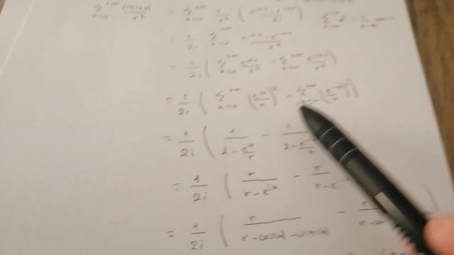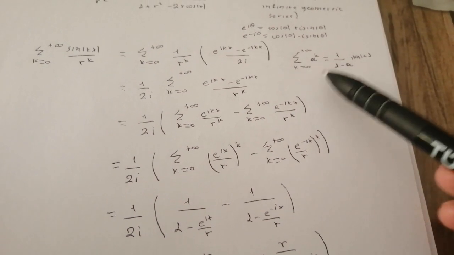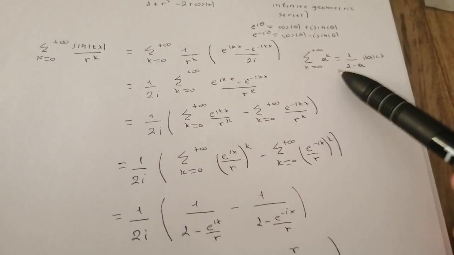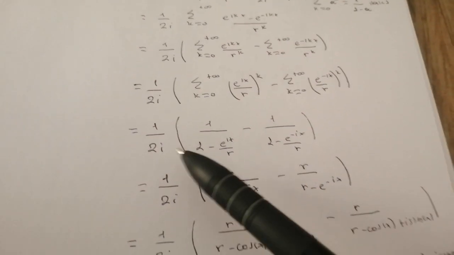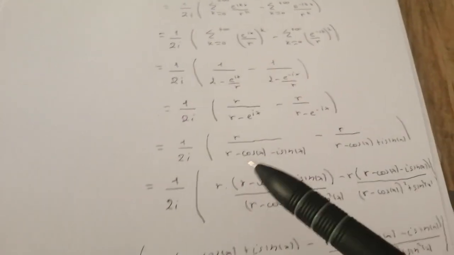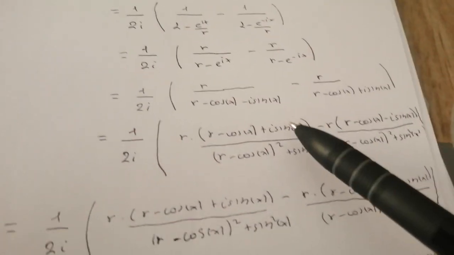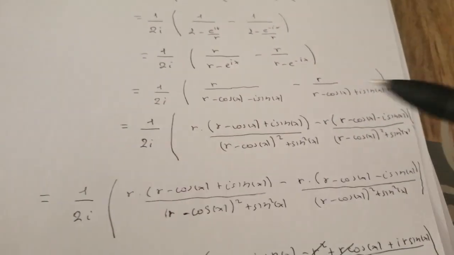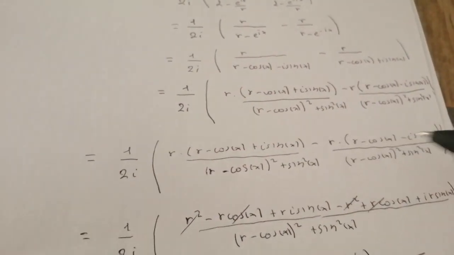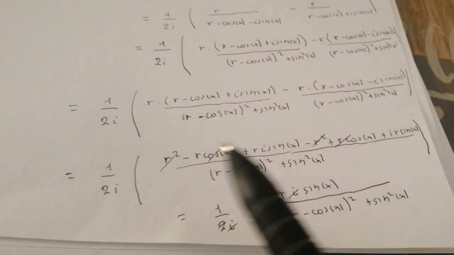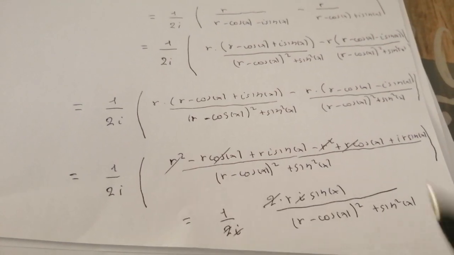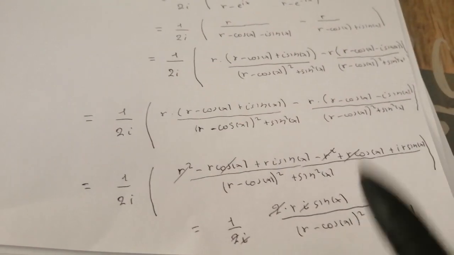Then you can write it in this way to mimic this formula here. Then you do some trivial calculations. You multiply by the conjugate complex numbers. You do the computations that are required in the numerator. And in the denominator also you do some computations, and then you end up with the desired result.